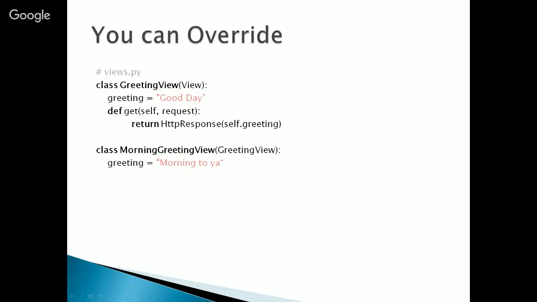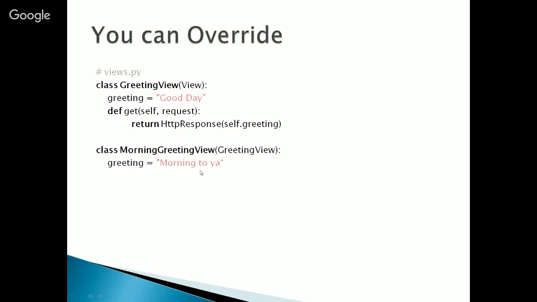So here's an example of a basic class, and it's a greeting view class. We have an attribute of greeting, a little message, and then our get method returns that message. Right? I'm just going to print that to your browser basically. We can then override it, create a new class that's inheriting from it here, and just change the attribute greeting to another message.